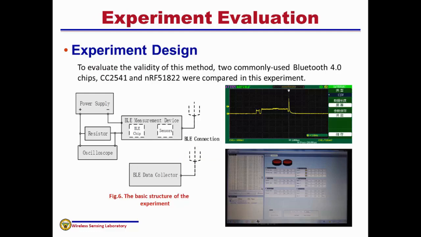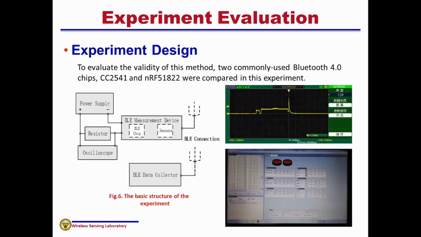We use the Bluetooth 4 chips of TI, the CC2541, and the Nordic nRF51822 to compare in this experiment. We have a data logger to collect the data, and this is the sensor with these 2 chips, and we use an oscilloscope to collect the waveform of the current.